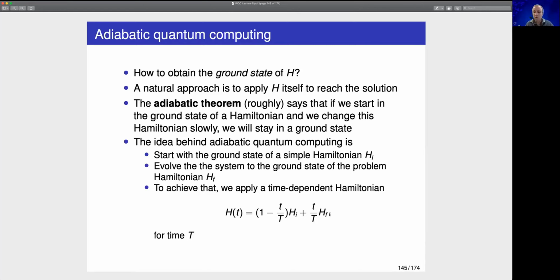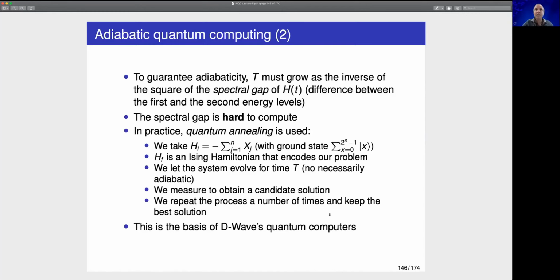Okay, so how can we use this in practice, or how is this used in practice? In practice, we use something that is called quantum annealing. In quantum annealing, which is the basis of the D-Wave quantum computers that we are going to use now, we are going to register on the D-Wave Leap platform, and we are going to try to solve some problems using these quantum computers.